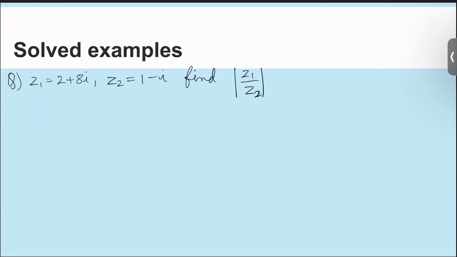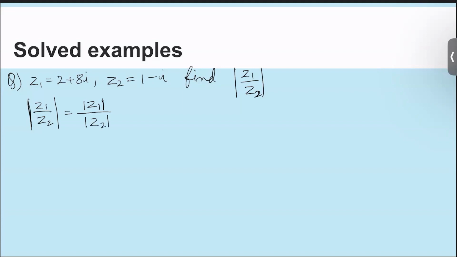Okay, if you remember, we had also proven that there is a relation that we can use, that the modulus of Z1 by Z2 is equal to the division of individually finding the modulus of the individual complex numbers. So that is mod of Z1 divided by mod of Z2.